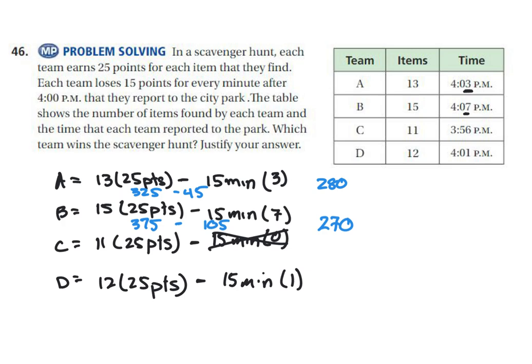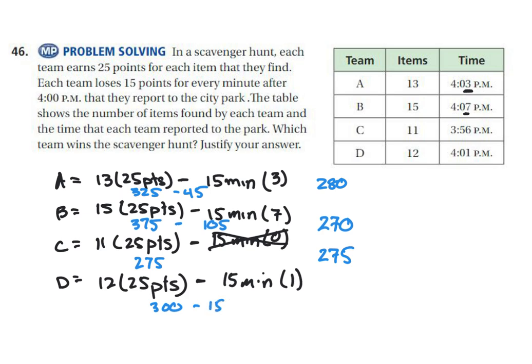Team C, they earned 11 items times 25 points, so that's 275. They had no penalties, so they have just 275. And Team D had 12 items times 25 bonus points for a total of 300, minus 15 for being late.